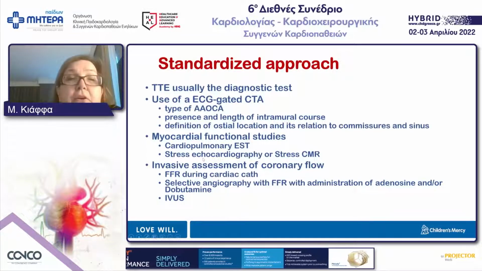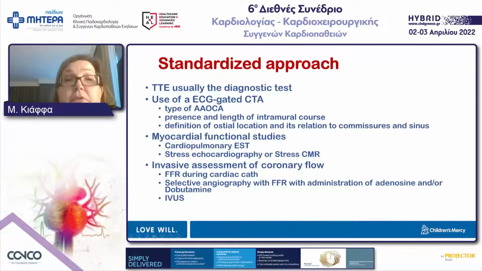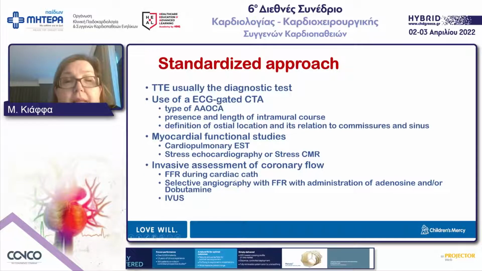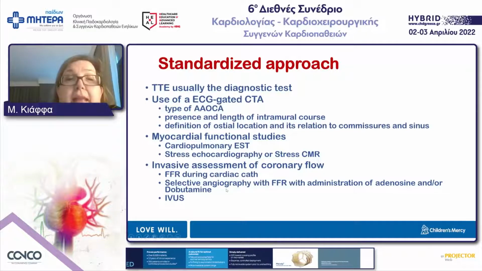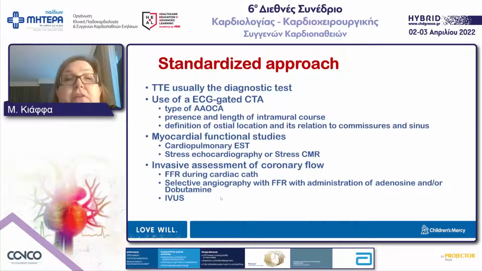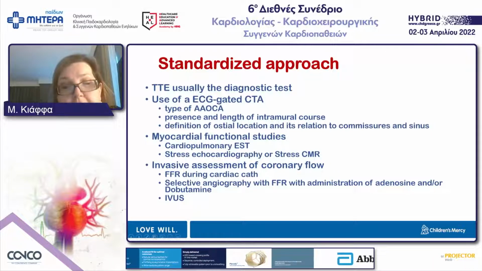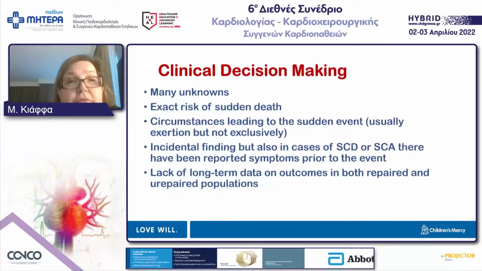And of course, myocardial functional studies, the exercise stress test, stress echo or stress CMR, wherever they are available and there is experience. And invasive assessment of coronary flow, the FFR during cardiac cath, selective angiography with administration of adenosine or dobutamine, and IVUS, of course.